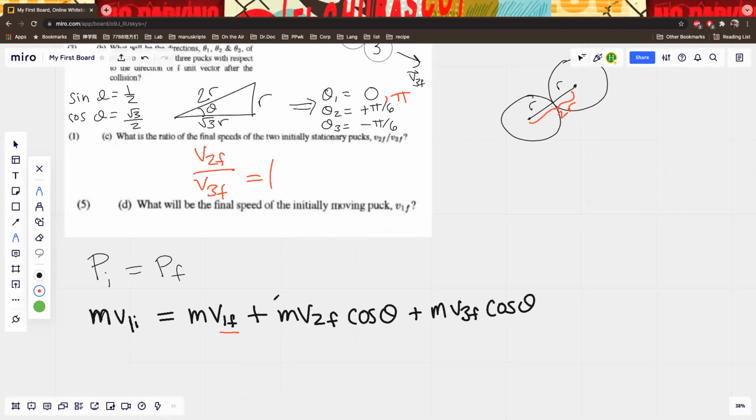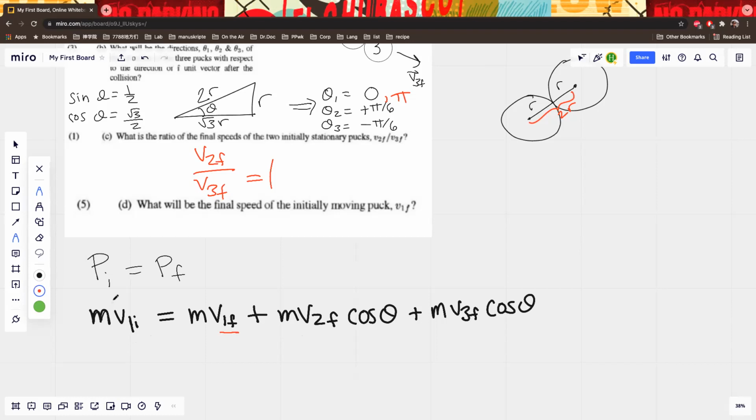So we could just rearrange and get V1F equals MV1I minus all of this stuff divided by M. But there's something more we can do. In the last part, we figured out that both the second and the third speeds are equal. So I think we could do something with that.